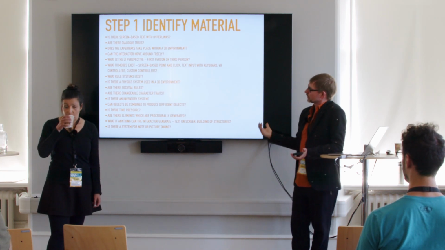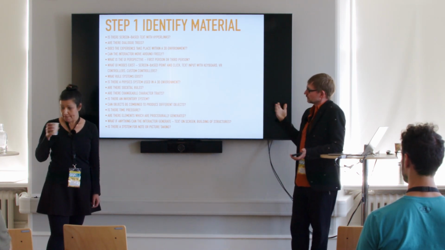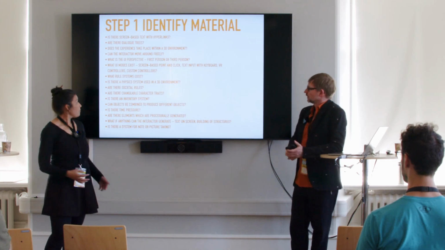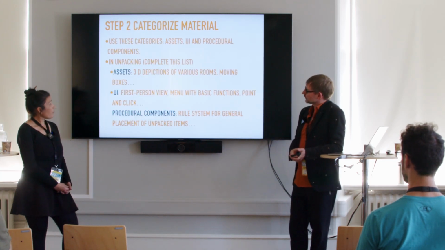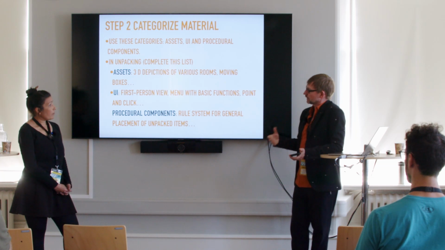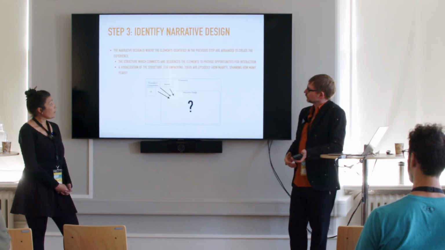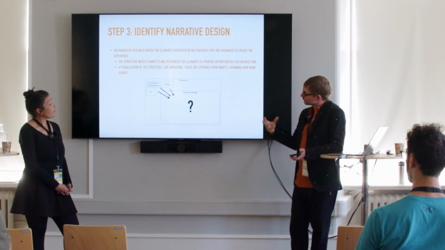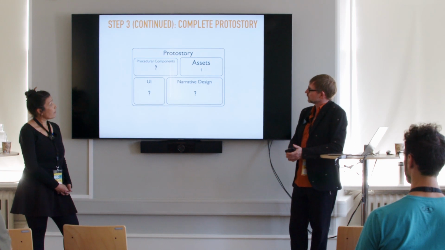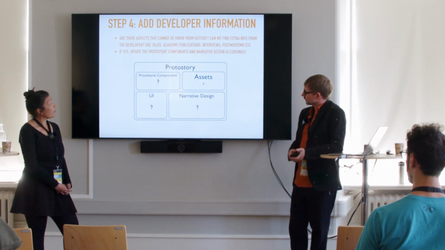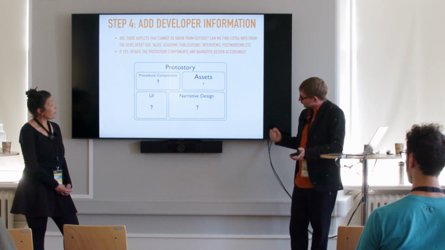That is basically a process where you go through and identify material first. You categorize this material into assets, UI, and procedure components, and you start looking into how these things are assembled in the narrative design, in a particular proto-story.